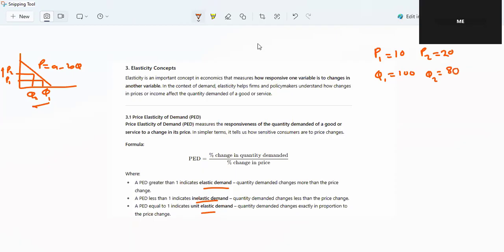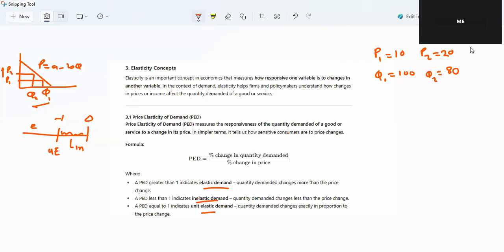What type of elasticity is this? On a scale, anything from 0 to -1, a value like 0 point something, means it is inelastic. Exactly 1 is unit elastic. More than 1 is elastic. Elastic means it's sensitive. Inelastic means it's insensitive. Unit elastic means it's 50-50.